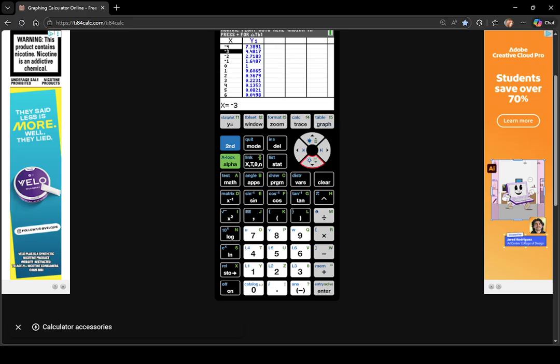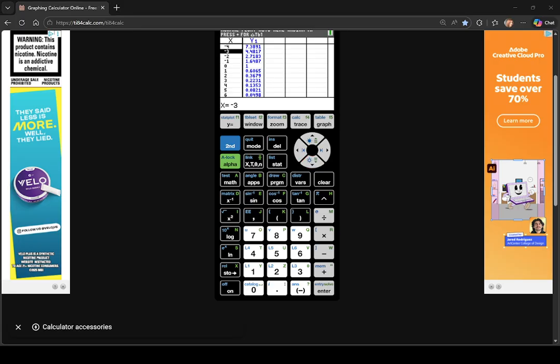at negative 3, I'm at 4.48. At negative 2, I'm at 2.7. At negative 1, I'm at 1.65. At 0, of course, I have 1.